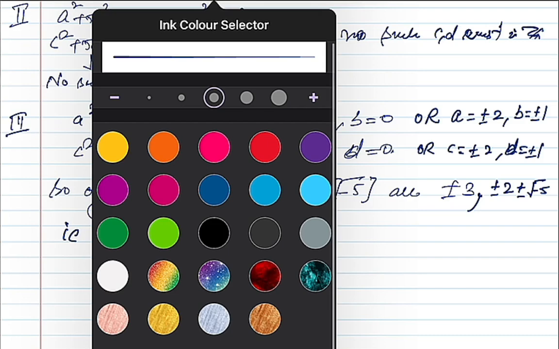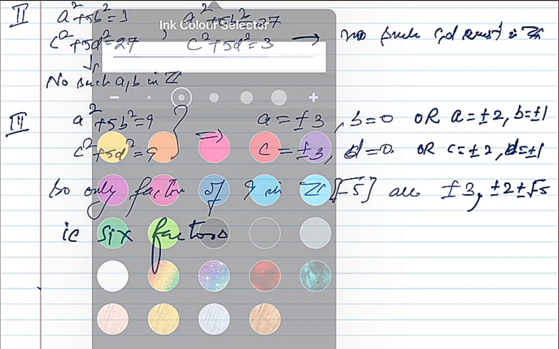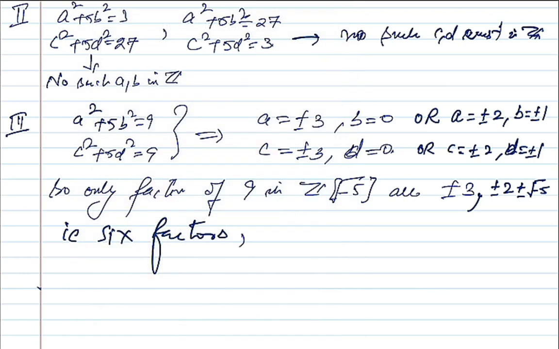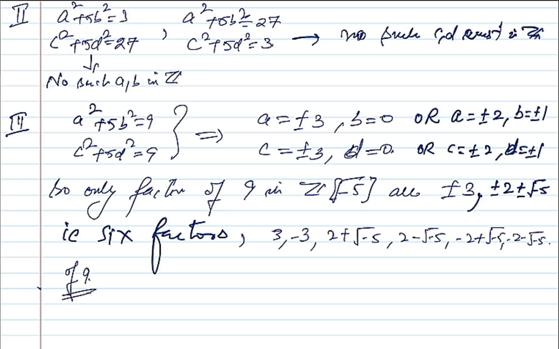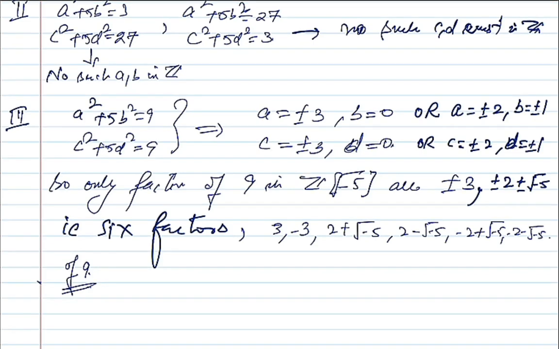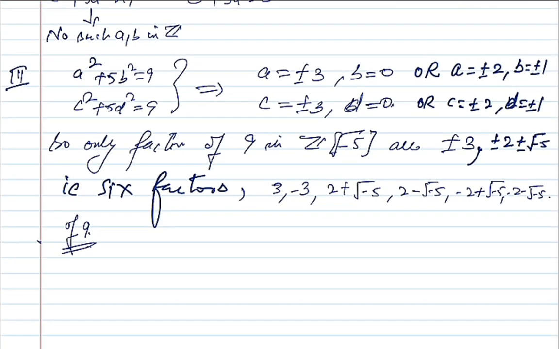The 6 factors are 3, -3, 2 plus square root -5, 2 minus square root -5, -2 plus square root -5 and -2 minus square root -5. So these are the 6 factors 9 can have, and the GCD has to be one of them.